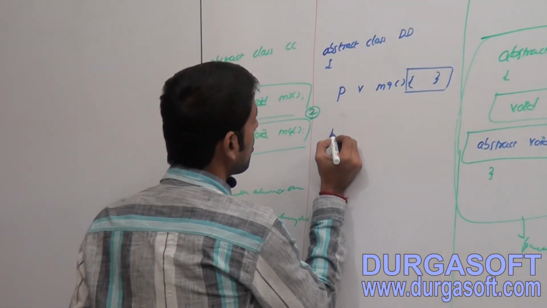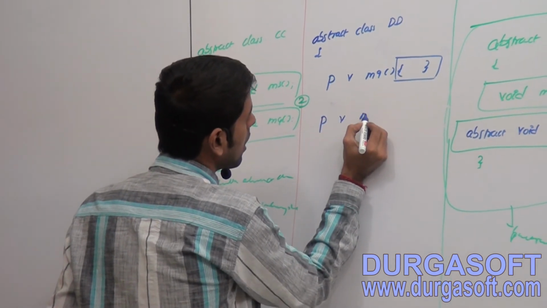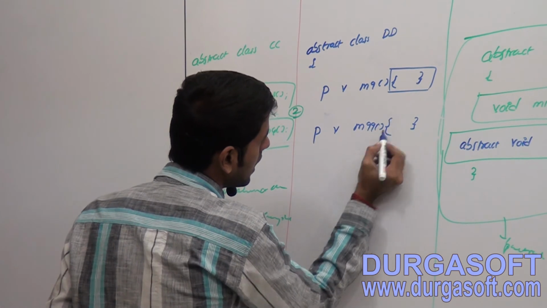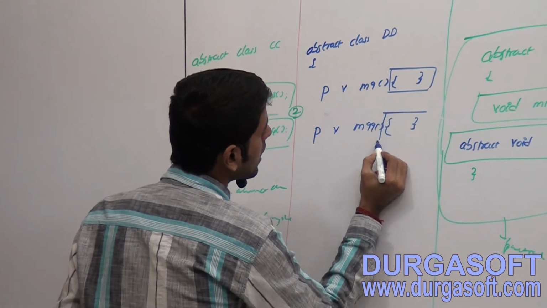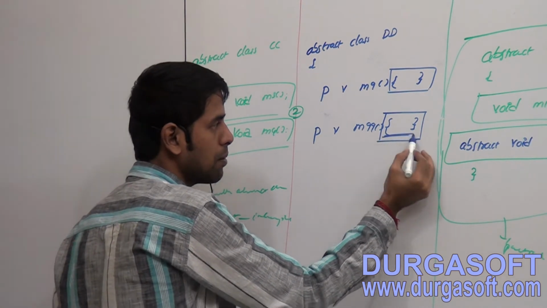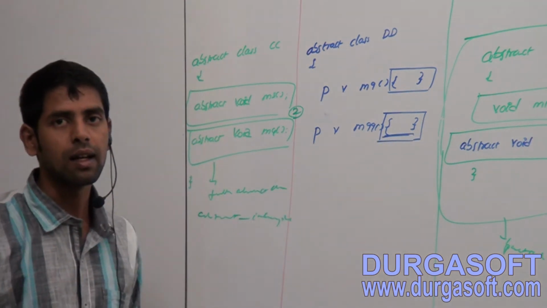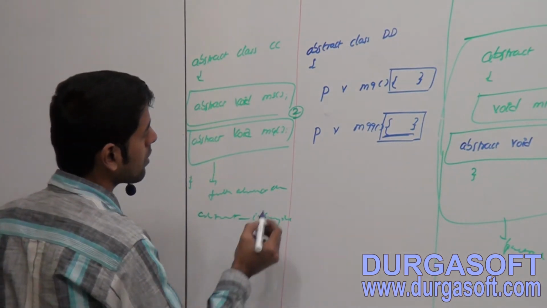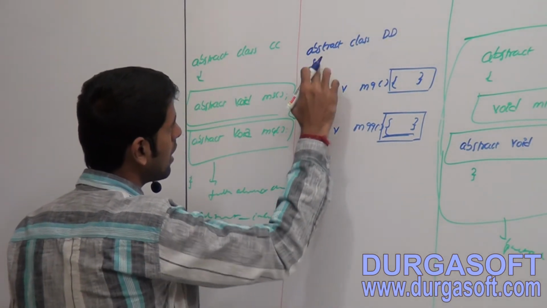Now one more method, public void M99 method. Once again, it is not an abstract method, it is a concrete method having dummy implementation, meaningless implementation. Now observe this part carefully. I am going to close the class scope.